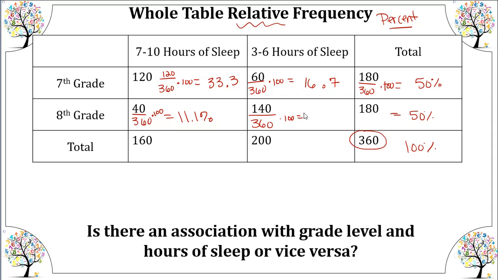And that gives us about 38.9. And we should all write percentages on here. Don't leave that off. And then we have 160 divided by 360 times 100. And this is going to give us about 44.4%.